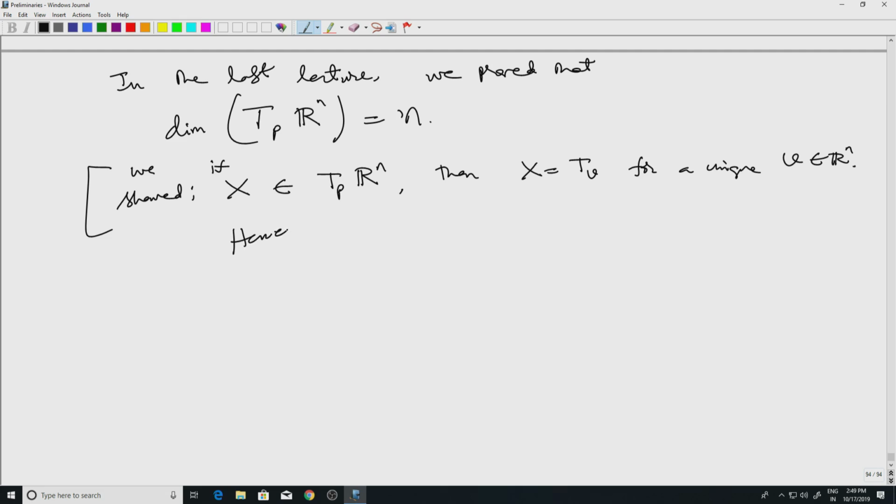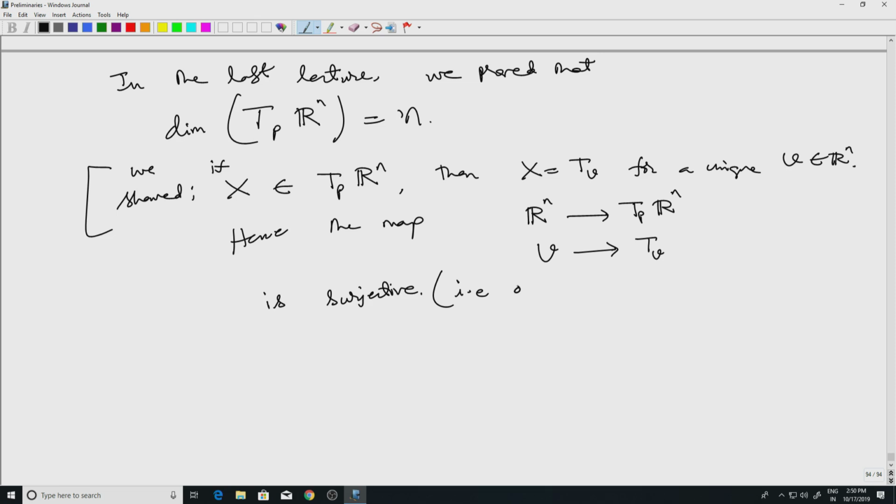Hence, the map from Rn to TpRn given by V going to TV is surjective, i.e. onto.